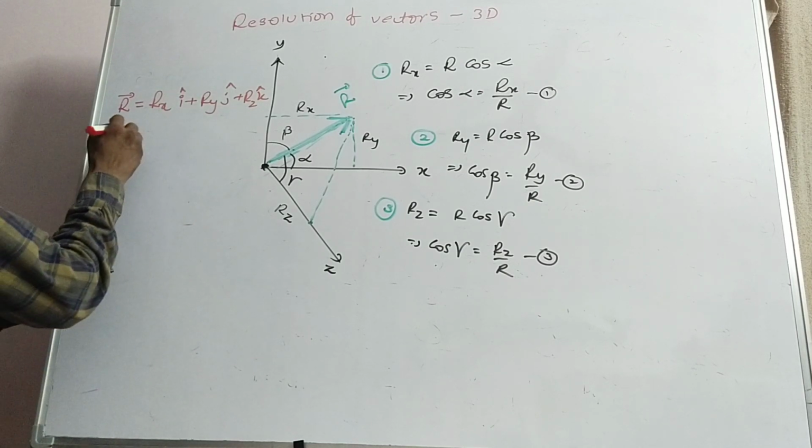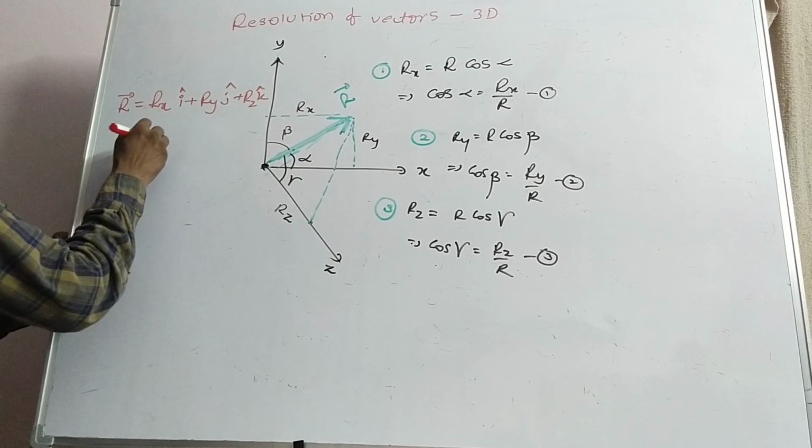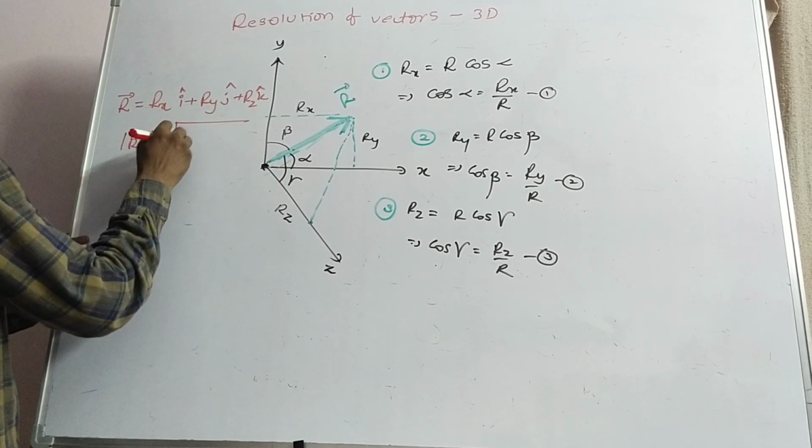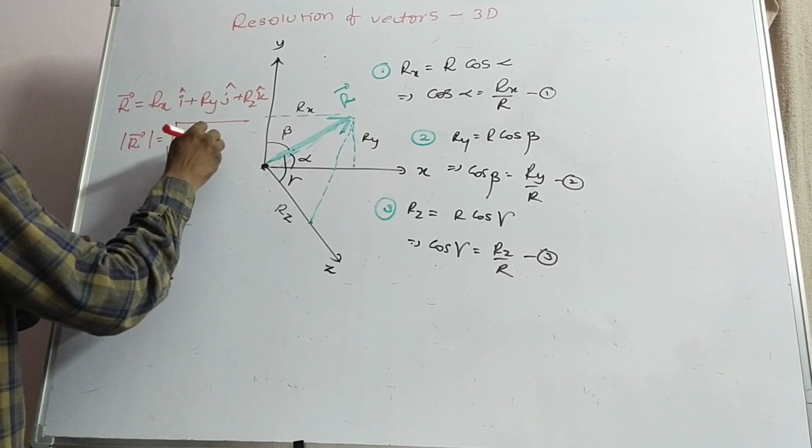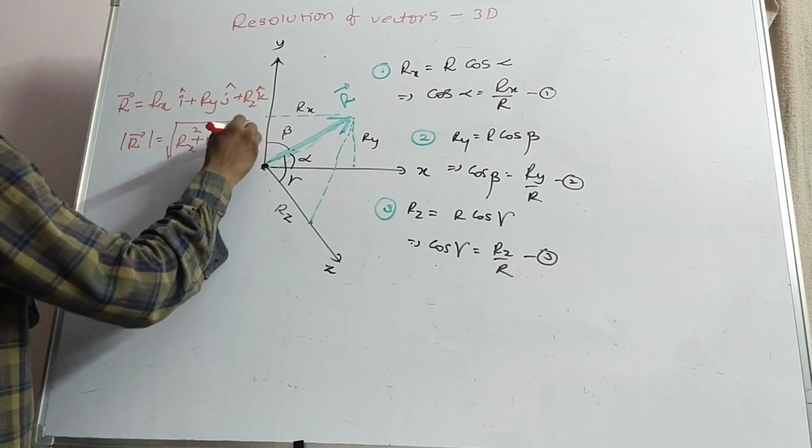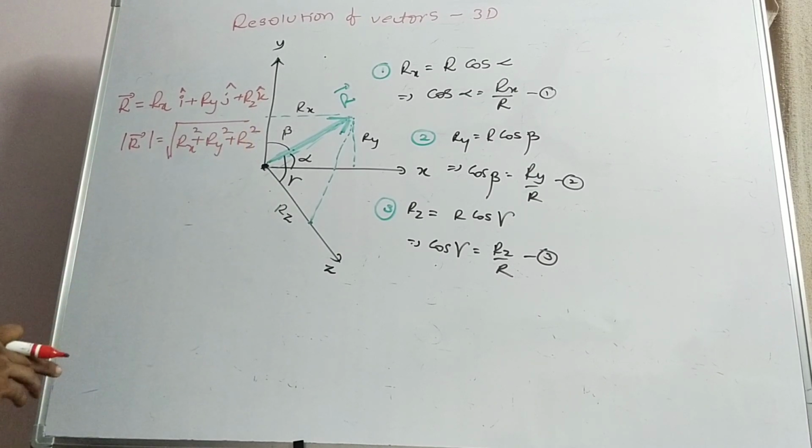Then what about the magnitude of vector R bar? The magnitude of R bar is equal to root of Rx square plus Ry square plus Rz square.